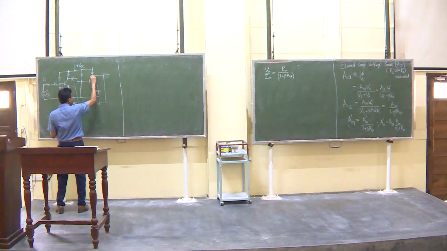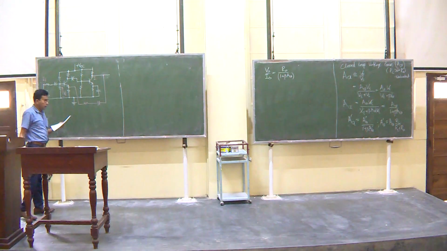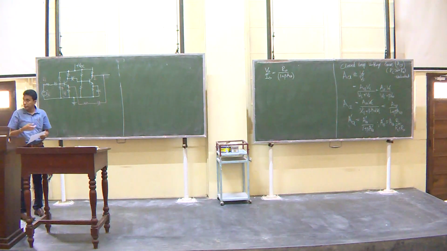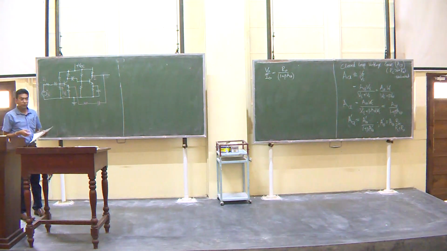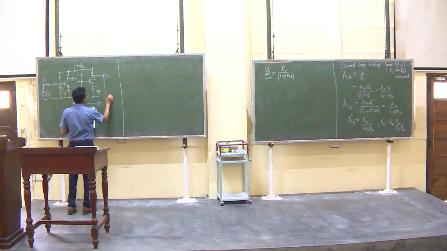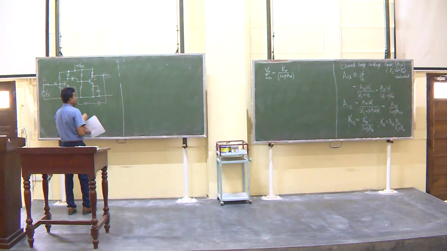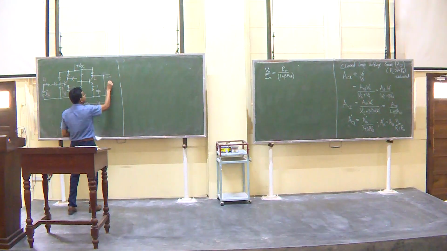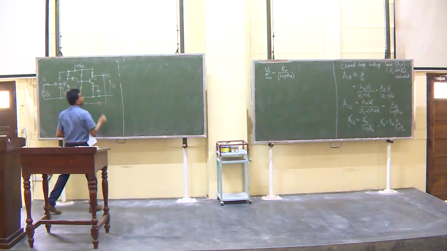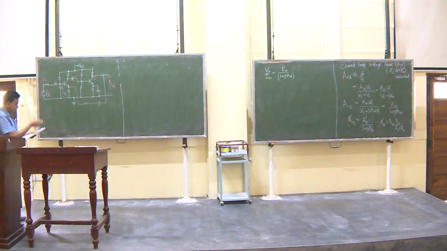Output current is this Io. That is the current that flows through the collector, that is the output current. Output voltage is between this and that, V out. That is your output voltage. You can put a capacitor if you want, that is fine.